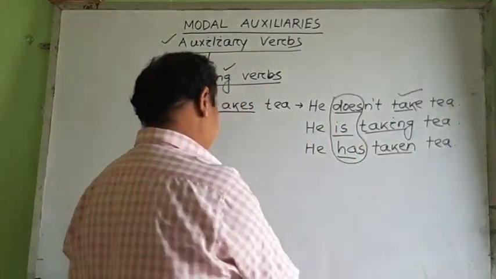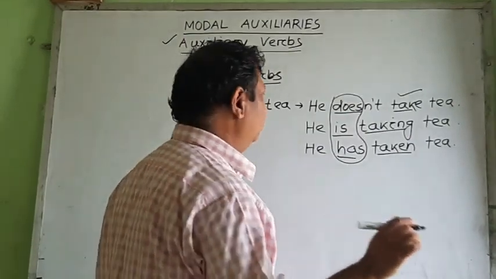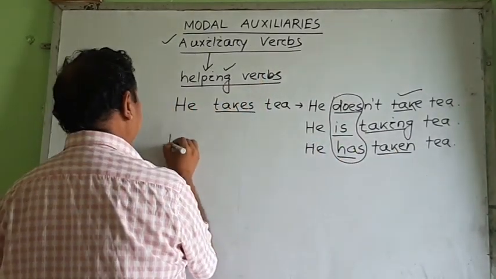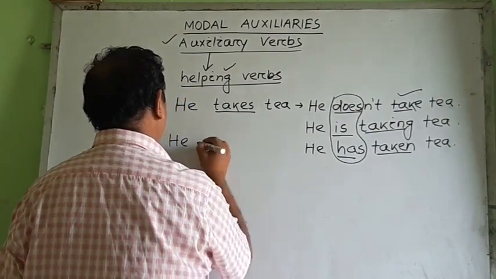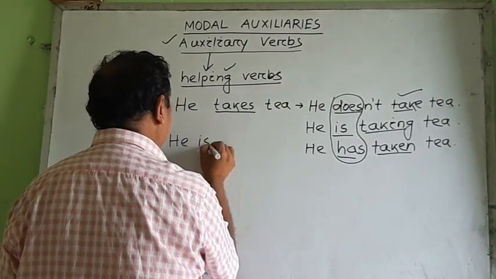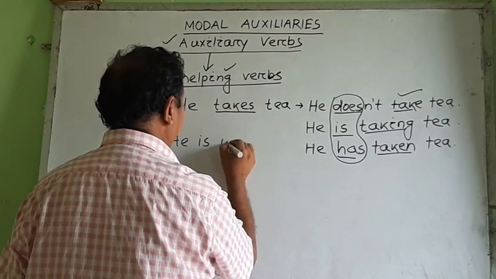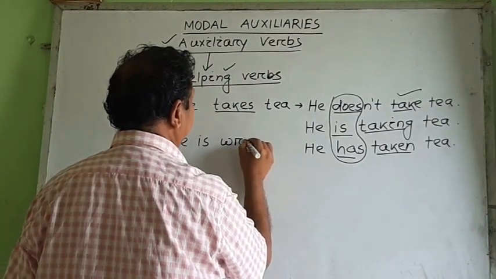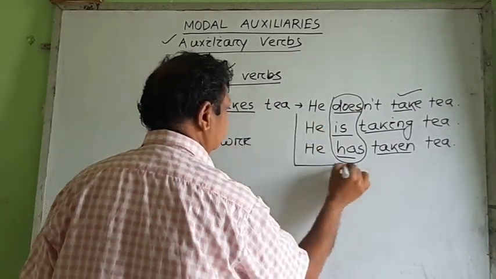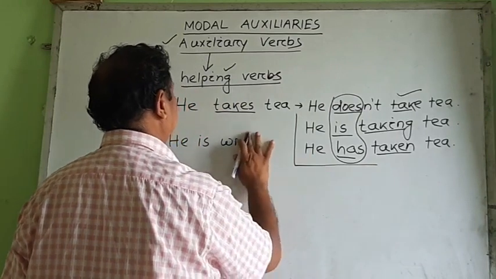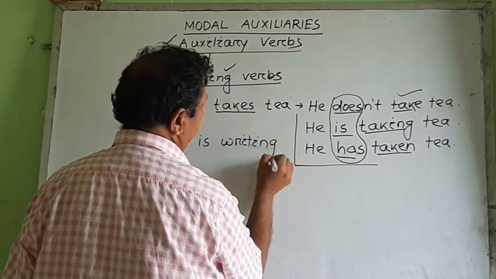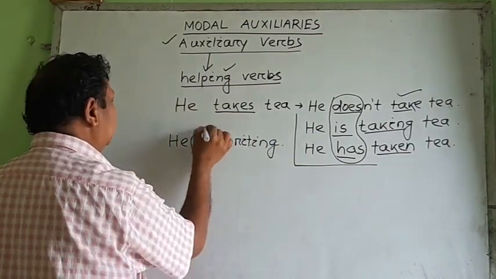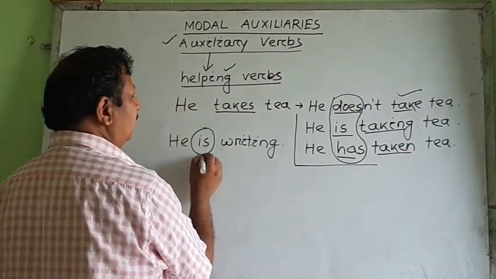But sometimes what happens is, suppose when we write he is writing, at that time, is is used here as a helping verb.